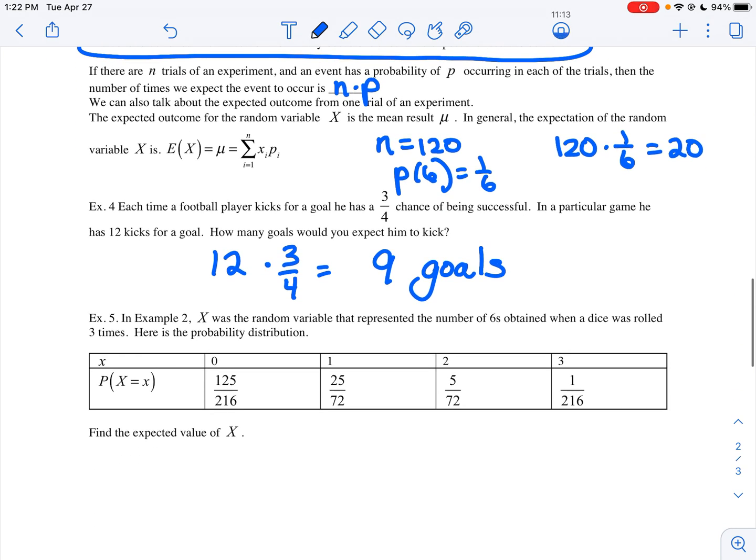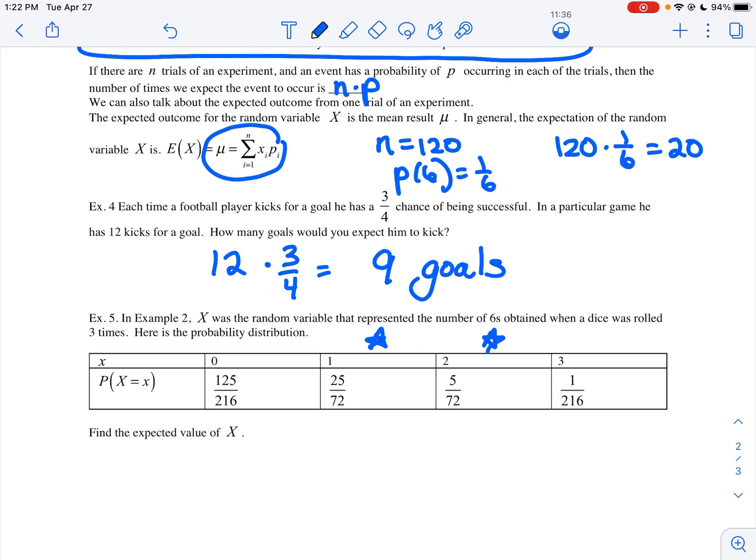All right, in example 2, X was the random variable that represented the number of 6s obtained when a dice was rolled 3 times. Here's the probability distribution. Now, these middle two I reduced. It says find the expected value. Well, I want you to come back up here to this formula.